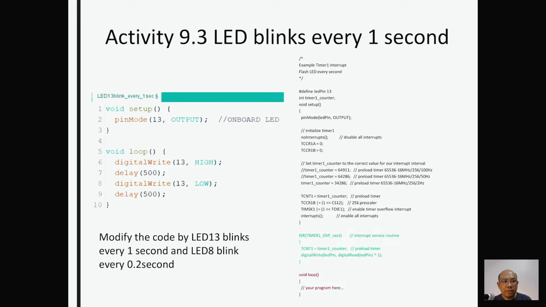Lines 5 to 9 generate the output by turning the LED on for 500 milliseconds and off for 500 milliseconds, like turning on and off every 1 second. This program is written without interrupts.